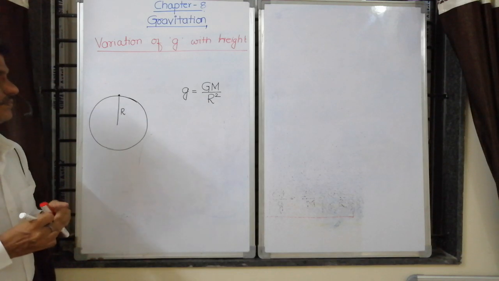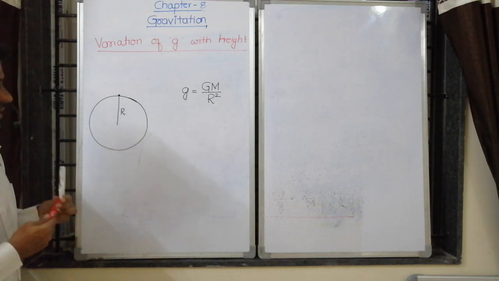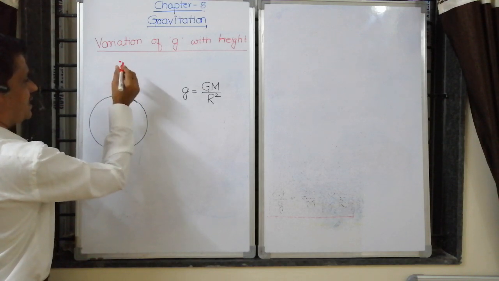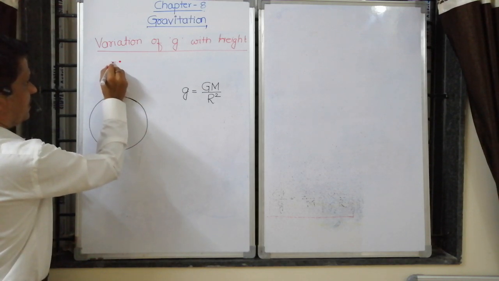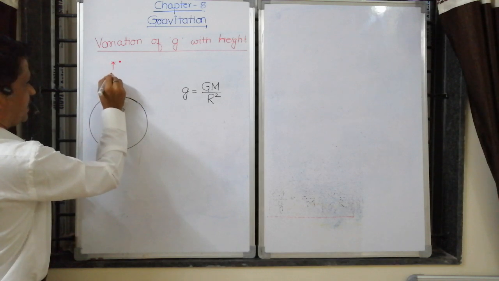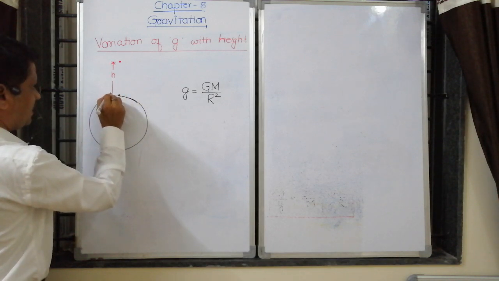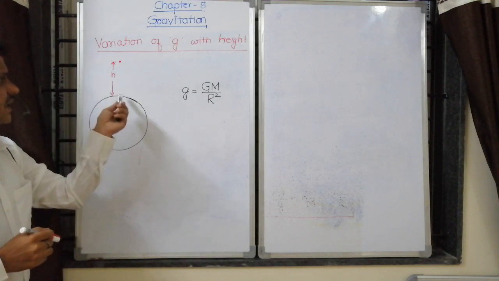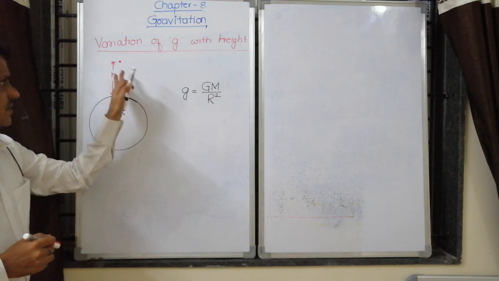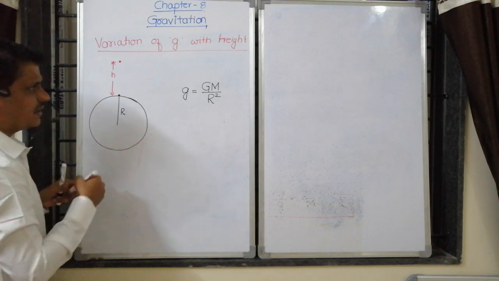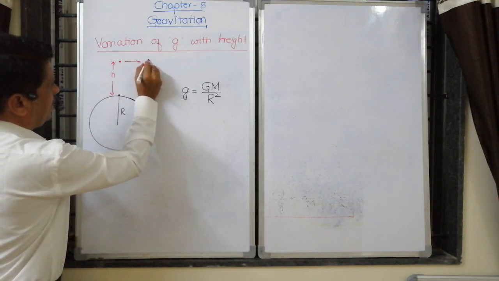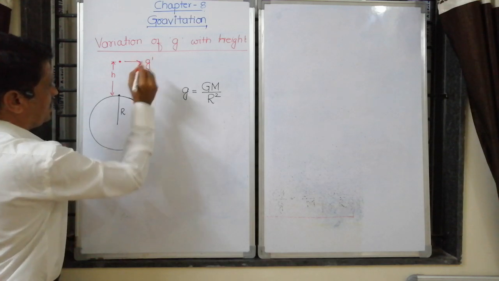remains same. But today's question is, what is the value of g at this point, that is at a height of h from the surface of the earth. Here I will write directly, saying g at a height h is g dash.